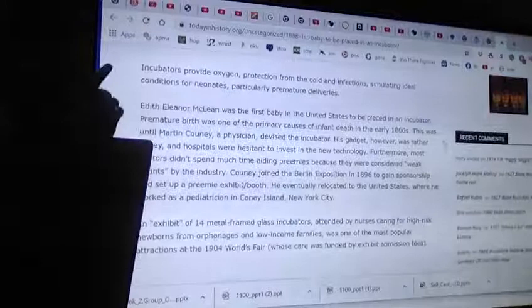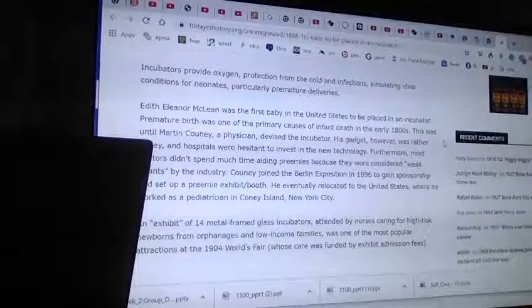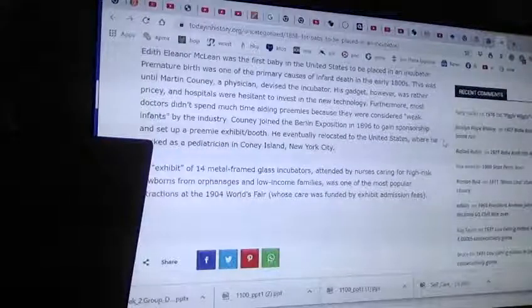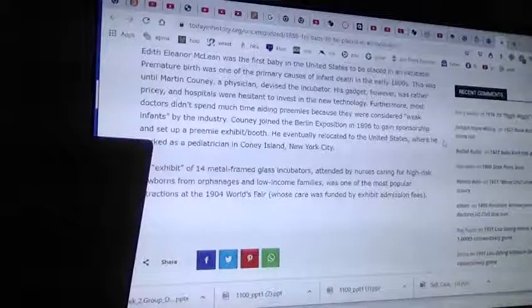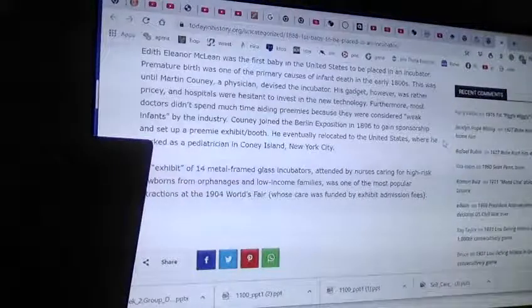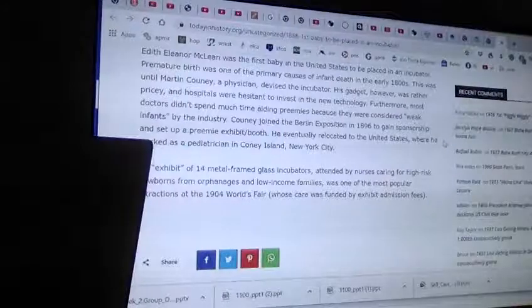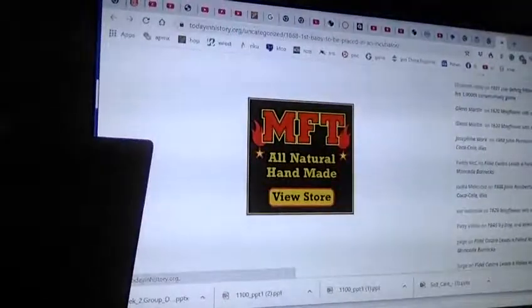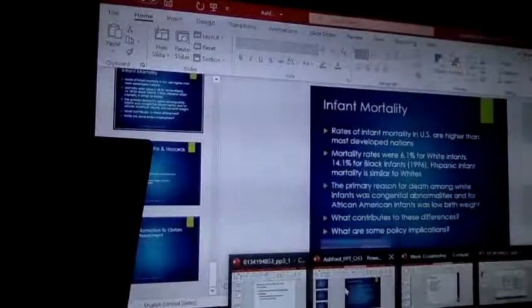Her name in 1888 was Edith Eleanor McLean. I wonder what city that was in, probably in New York somewhere. Yep, Coney Island, New York. So this is what helped us have babies outside of the womb, that ventilator.